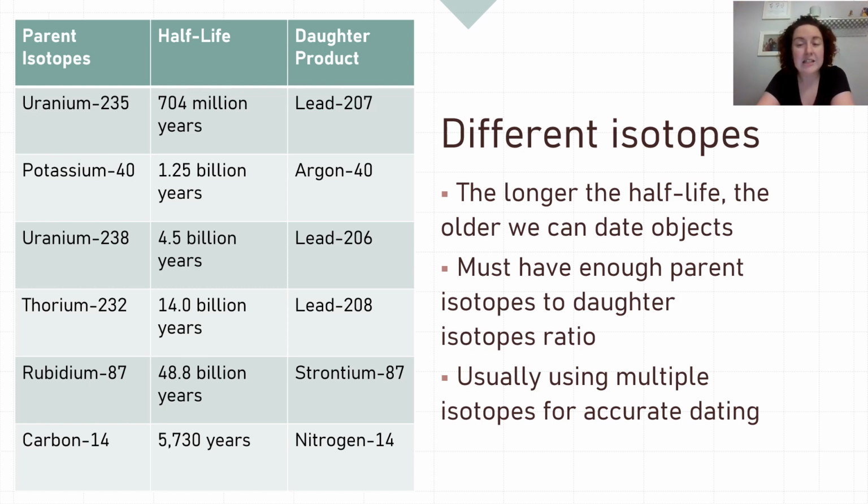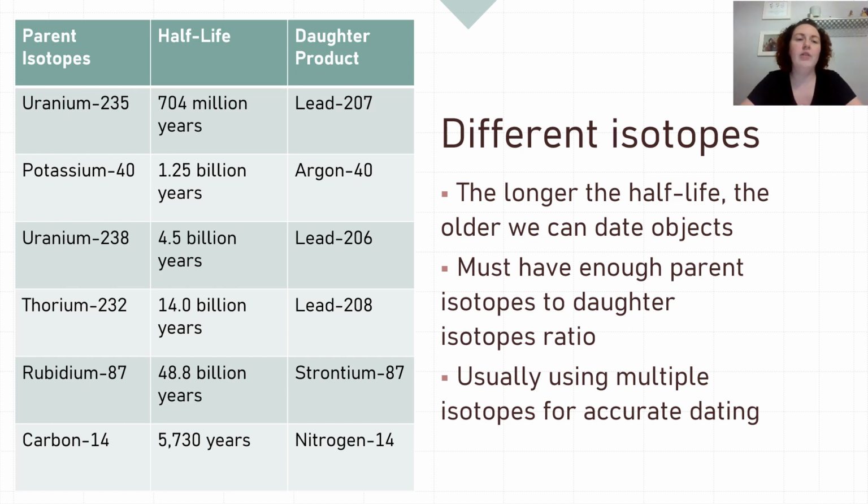That means if we're looking at the age of the Earth, one parent isotope of rubidium-87 isn't even middle aged down into strontium-87.